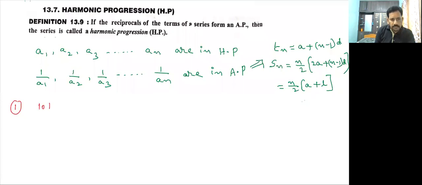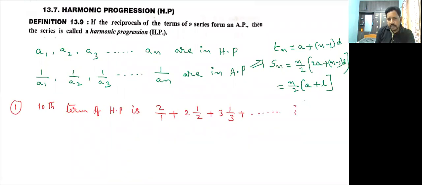The 10th term of the harmonic progression, HP, 2 by 1 plus 2 into 1 by 2 plus 3 into 1 by 3 plus and so on, is the 10th term in harmonic progression they are asking.